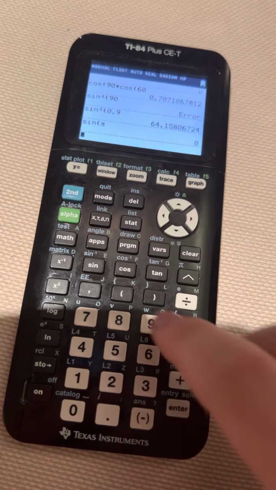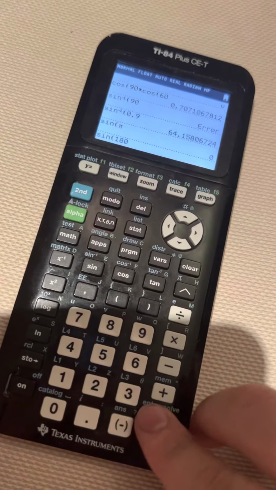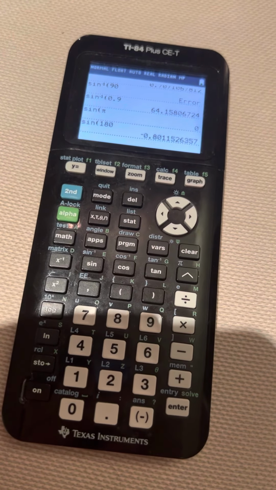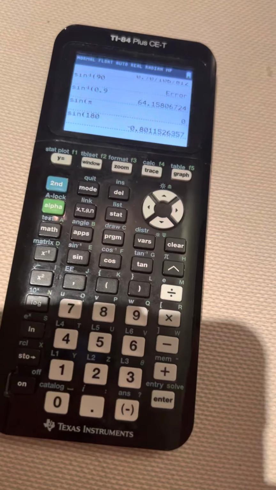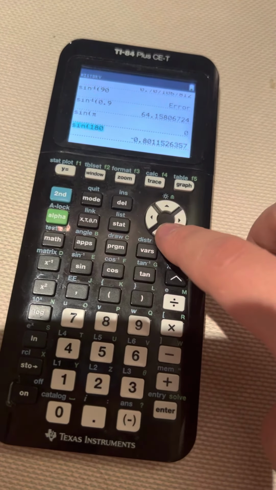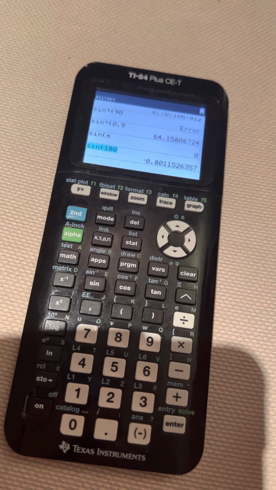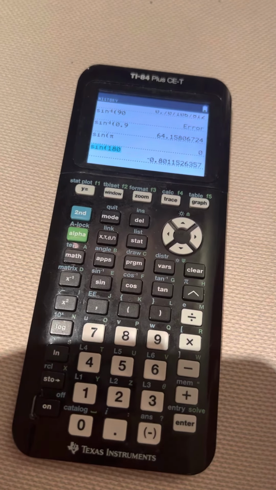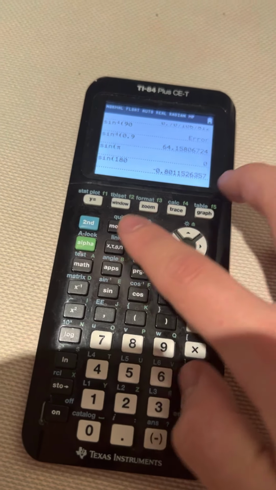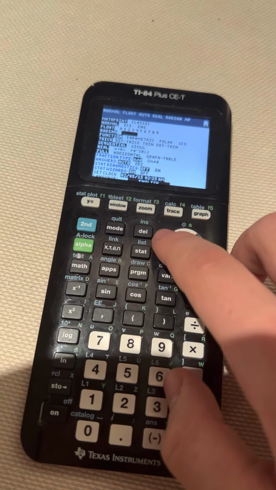But for instance, if you write sine 180 in radian mode, it will give you negative 0.801, which is wrong. It shouldn't be like that, because this isn't degrees, this is radians. Sine 180 in radians is negative 0.801, but in degree measures it's different. So that is how you change the degrees into radians.